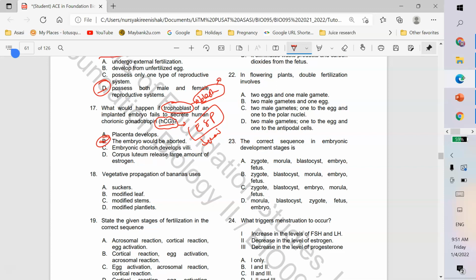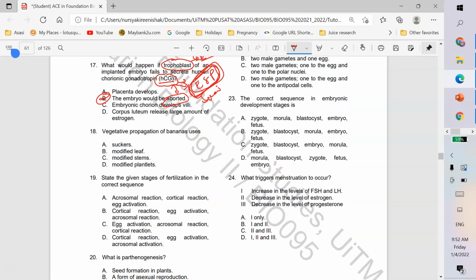Okay, faham boleh tak? Itu dia punya sequence dia macam tu. Faham ke Huda? Nabila Huda? Faham. So kalau tak ada HCG, akan terjadinya aborted. So dia akan gugur sebab tak ada estrogen and progesterone daripada corpus luteum.